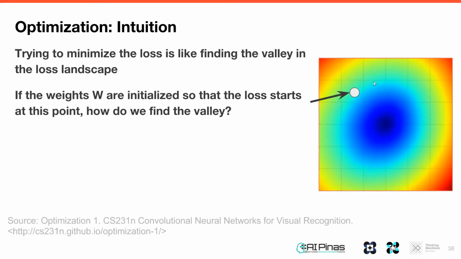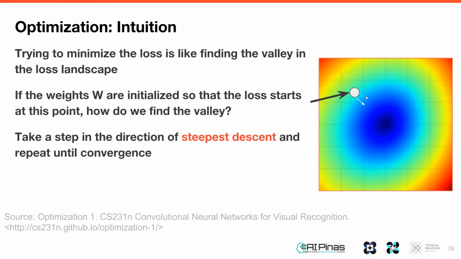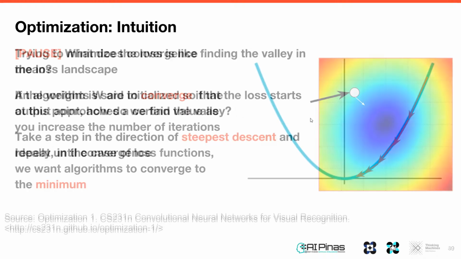So let's think about our static y equals Wx linear classifier. Once you calculate the loss for one set of values W, you end up at one point here. So how do you, from here, optimize down to here? You want to take a step in the direction of steepest descent and keep going until convergence.